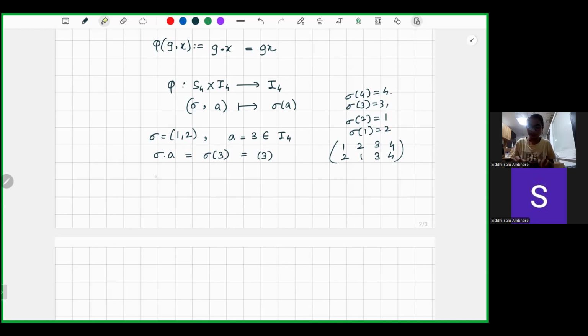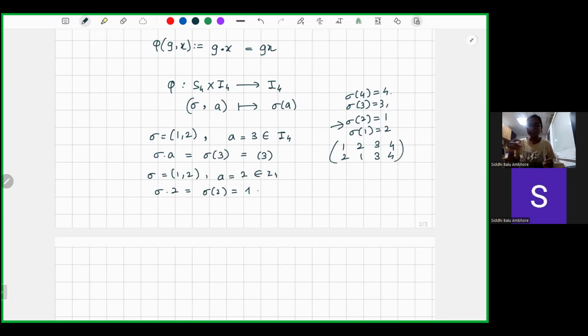So the way sigma acts on different elements of A changes. For example, sigma is (1 2), and if I take A equal to 2, then sigma acting on 2 is sigma of 2, and sigma of 2 is 1 now.